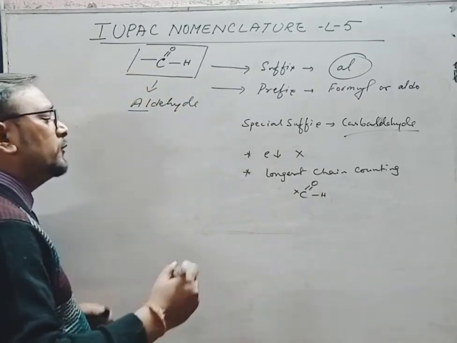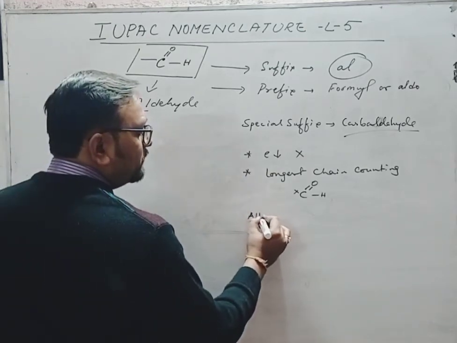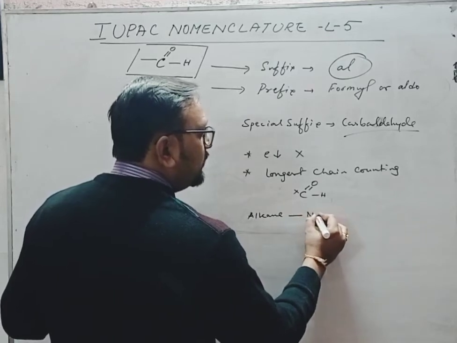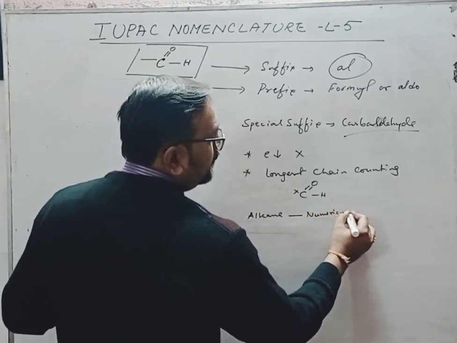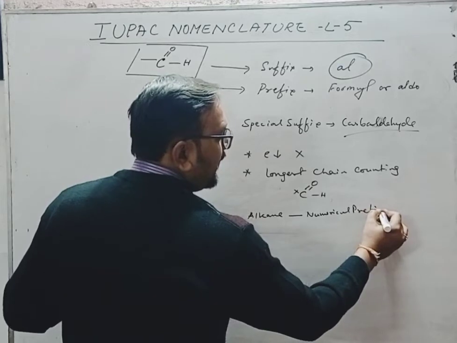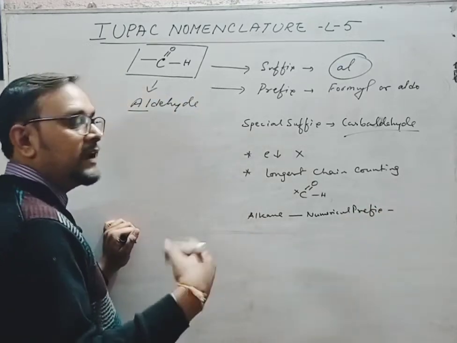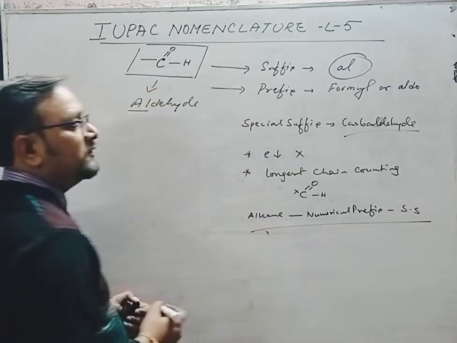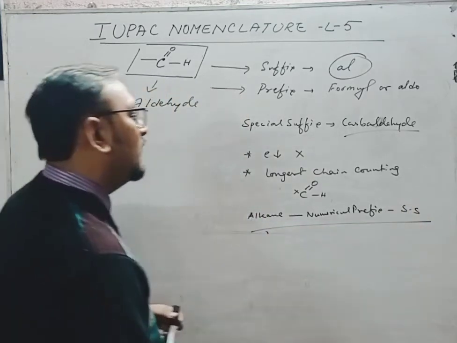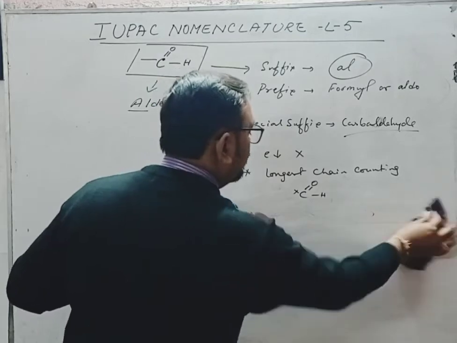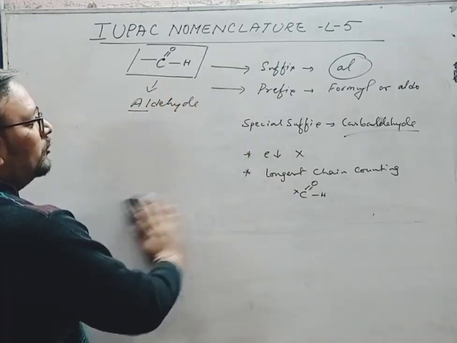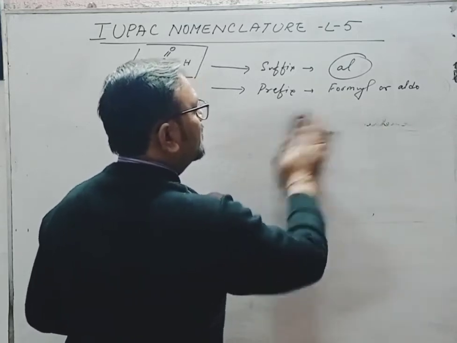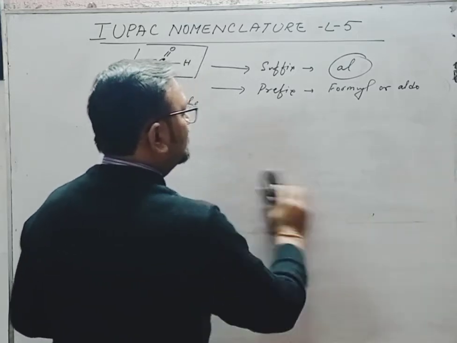The naming format will be alkane, then a numerical prefix, which I'll show you, and finally that special suffix. I'm writing it as SS. So this is the format. It's very easy. I'm showing you through some examples. I hope all of you have noted this down. So let us understand through some examples.